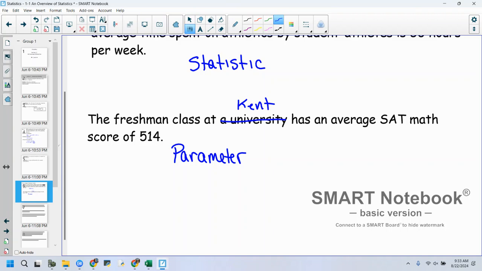Well, in that case, the population includes Akron and OU and all the other MAC schools. So is that a parameter anymore? No, because now I've only sampled the students at Kent. We'll talk about what type of sample that is soon as well.